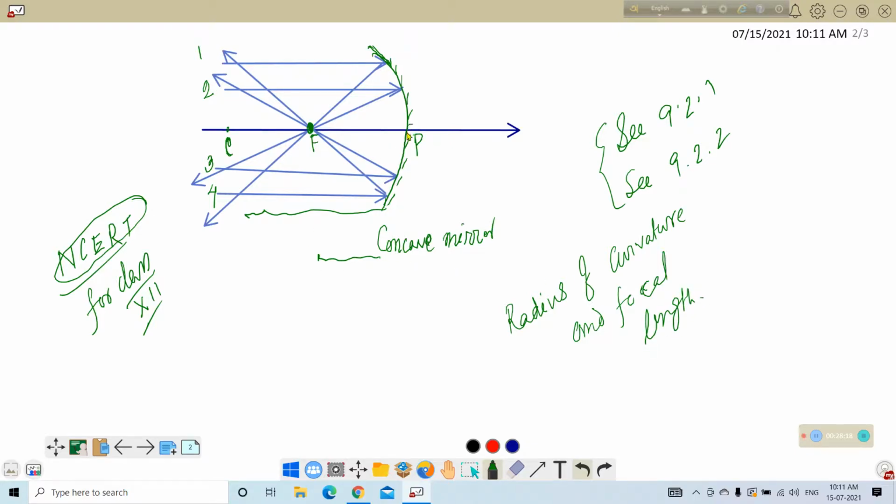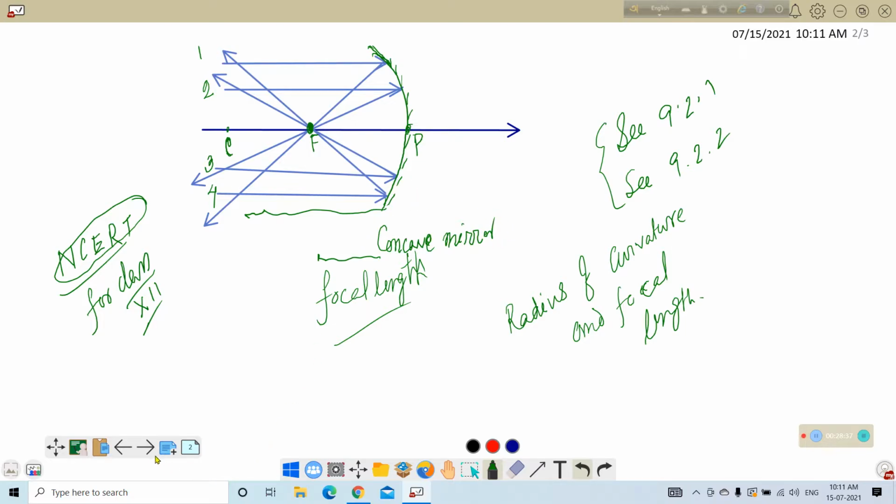Actually, the distance from the pole to focus is known as focal length. So you have to determine whether the focal length of a concave mirror is positive or negative.